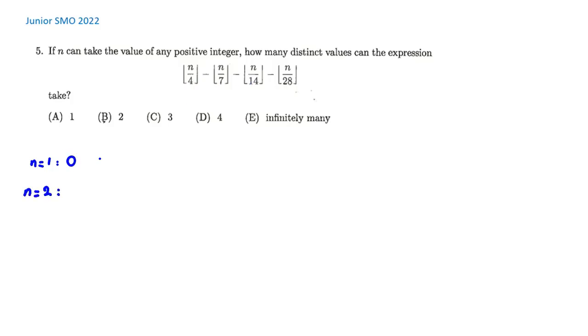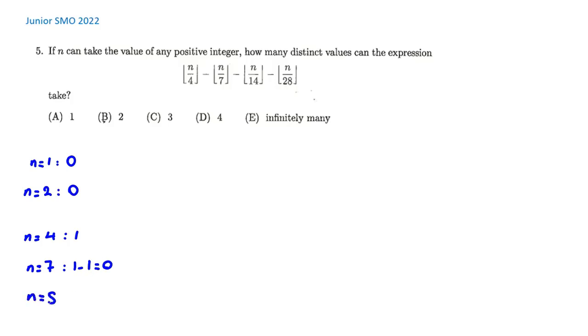If we consider n=2, again it's 0 because the denominators are 4, 7, 14, 20. The first thing that changes is n=4, it is 1, 0, 0, 0. It is 1. Now if you consider n=7, it will change again. It is 1 minus 1, which is 0 again.